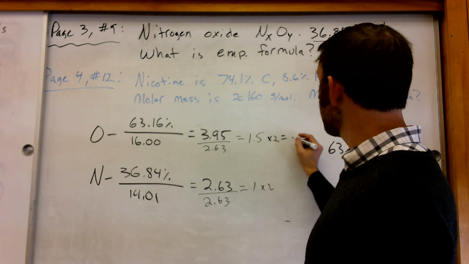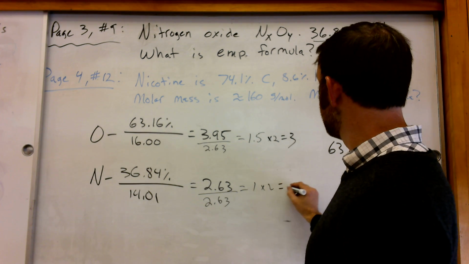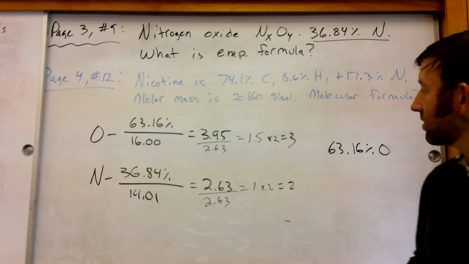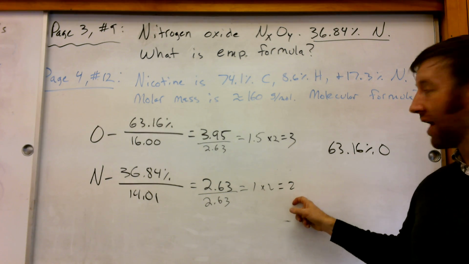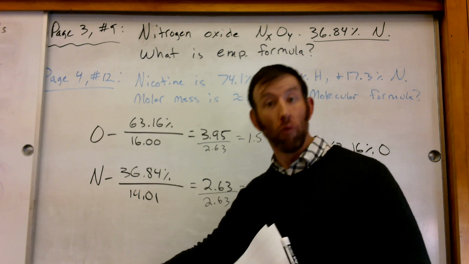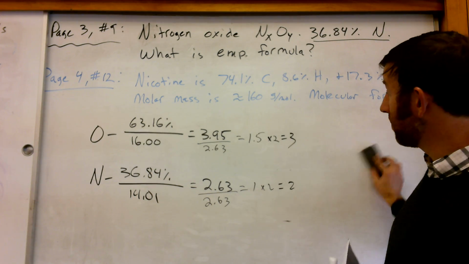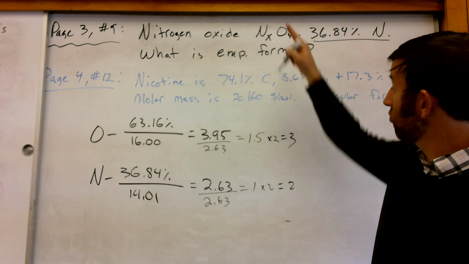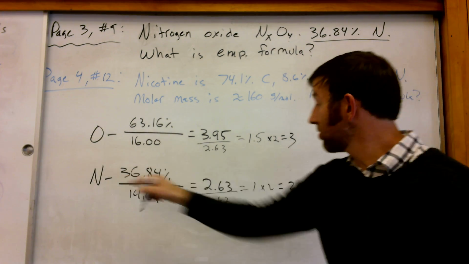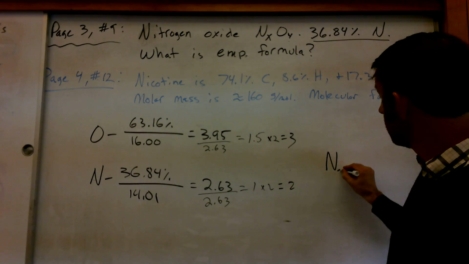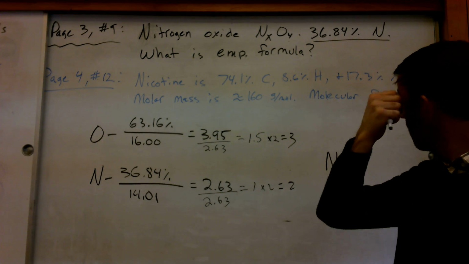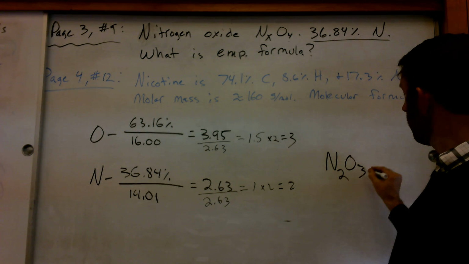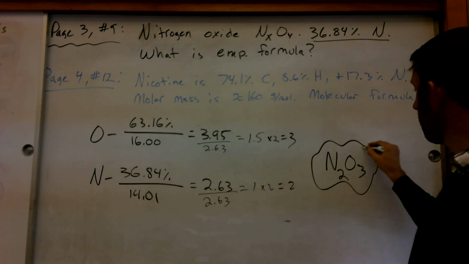So my real ratio would actually be 3 to 2. What that tells me is I have 3 oxygens for every 2 nitrogens, and that is a ratio, and that would be my empirical formula. So if I'm going NxOy, my empirical formula would be N2 for nitrogen and O3. There is my empirical formula.